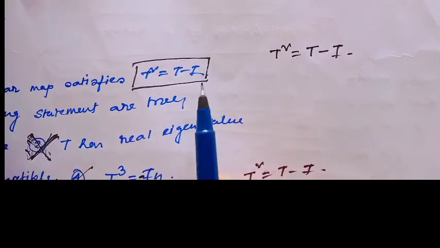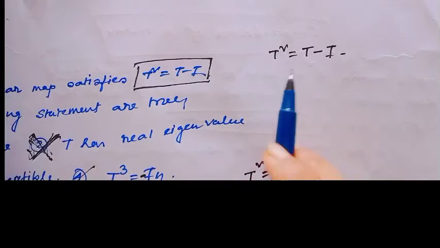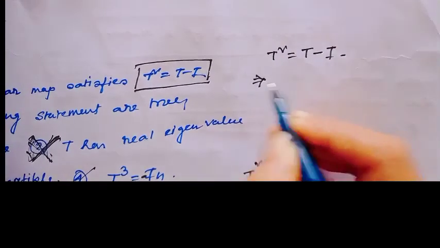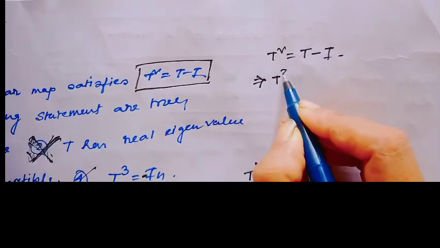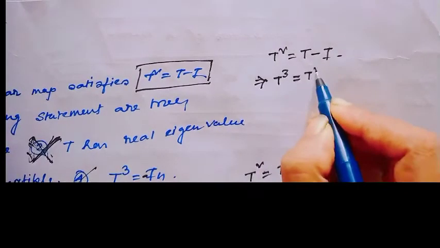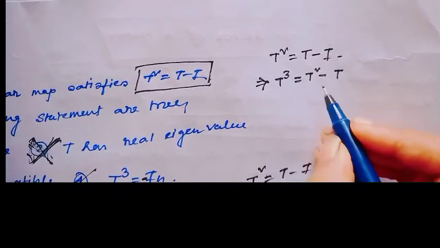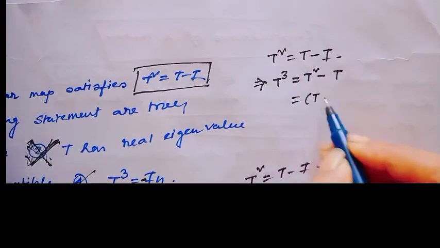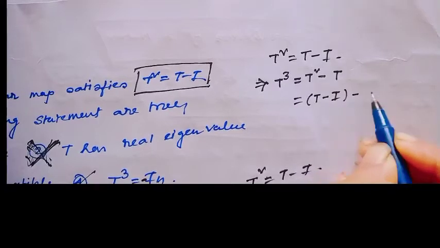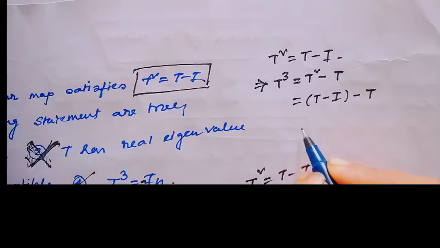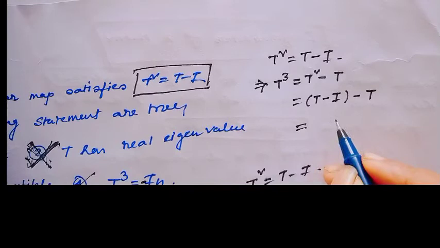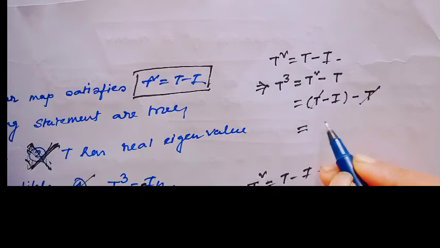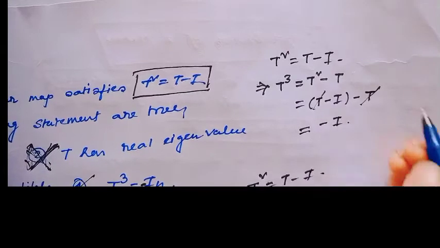Since the question says T square equal to T minus identity, now multiply this equation by T, then this would be T cube equal to T square minus T. Now put the value of T square here, then this would be T minus identity minus T. Omitting T in this equation, this would be minus identity.